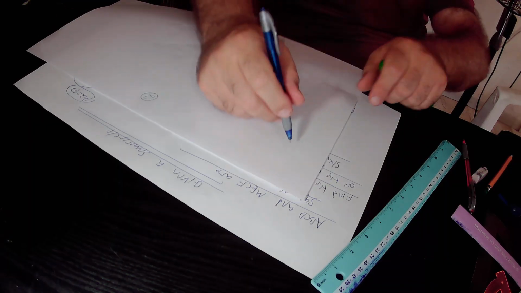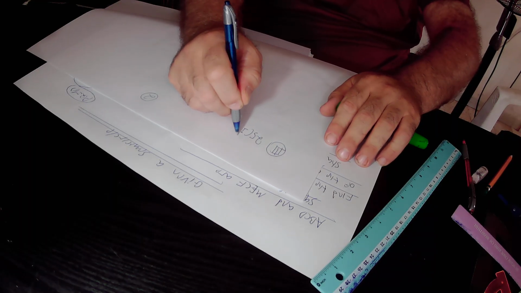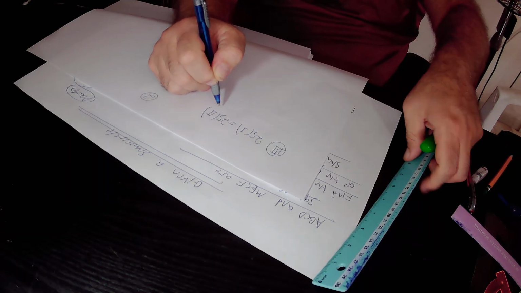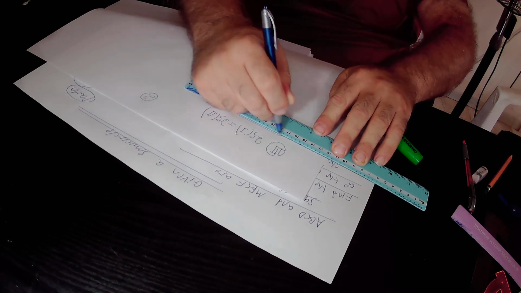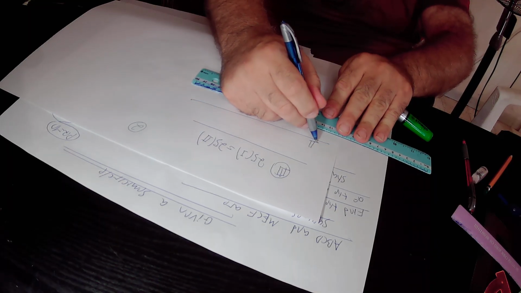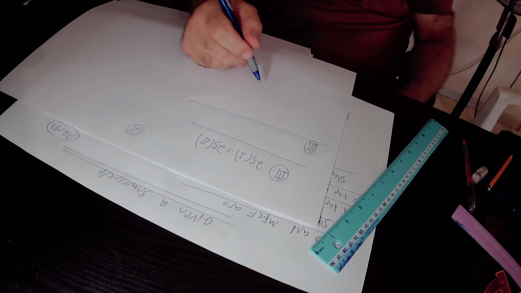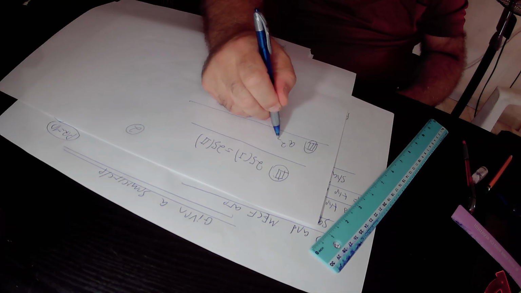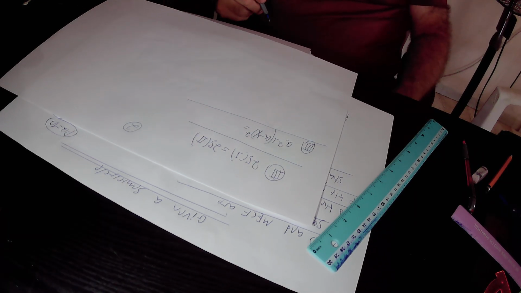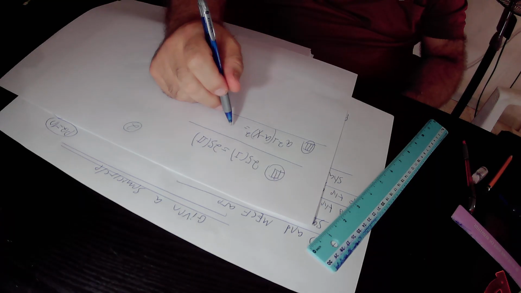So according to equation 3, 25 according to equation 1 equals A squared plus A minus X squared. And this is equal to 25 according to equation 2, which equals B squared plus X plus B squared.